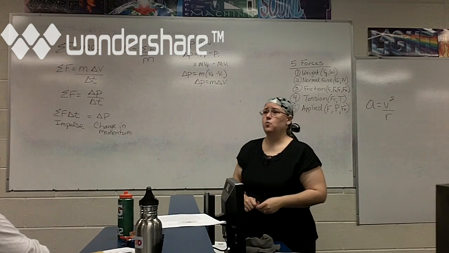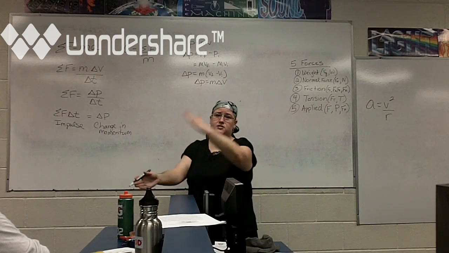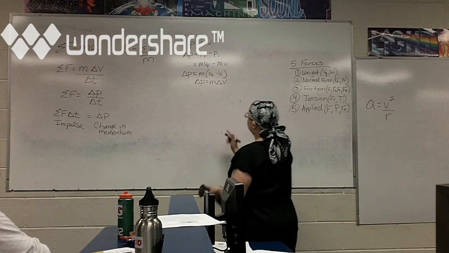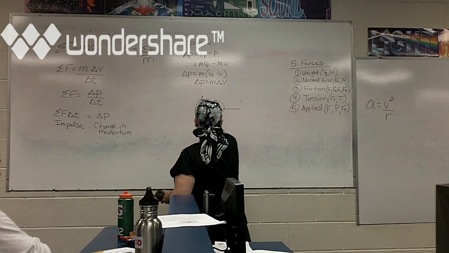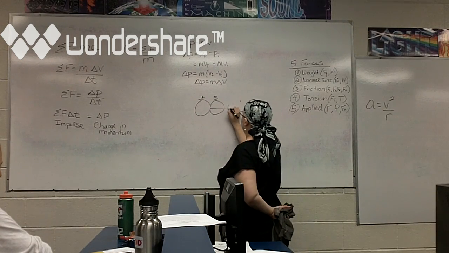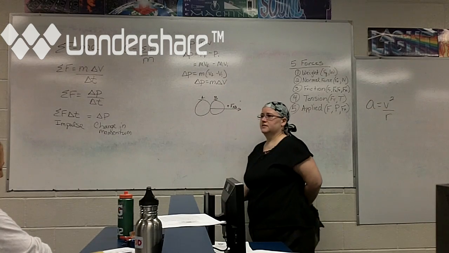And Newton's third law says what? Object A acts on object B, and B acts on A, equal forces in opposite directions, right? So let's say I have two objects here. We'll call this A and this one B. The force of A acting on B, we'll say, is positive FAB, right?